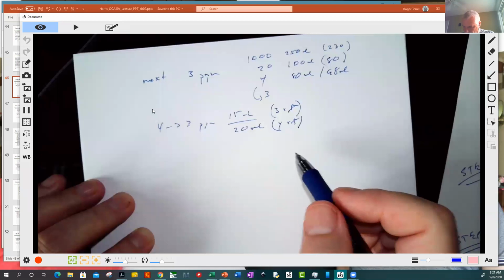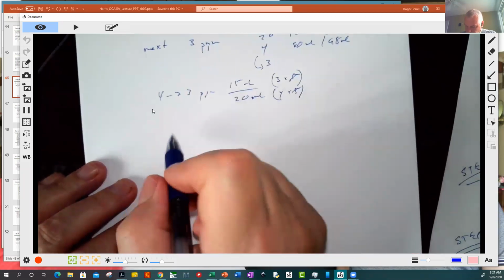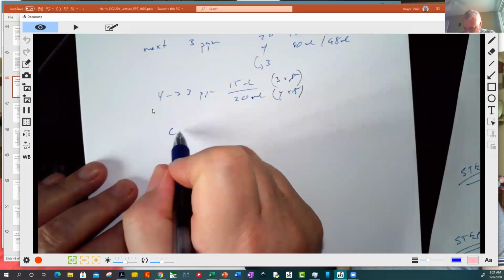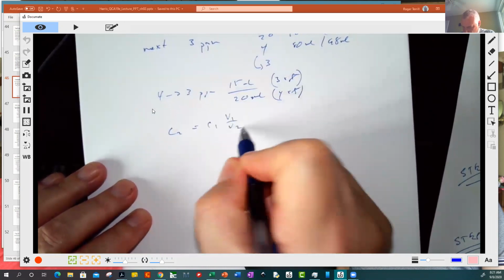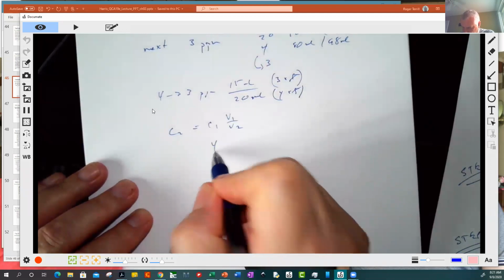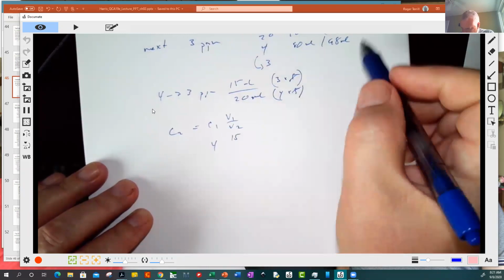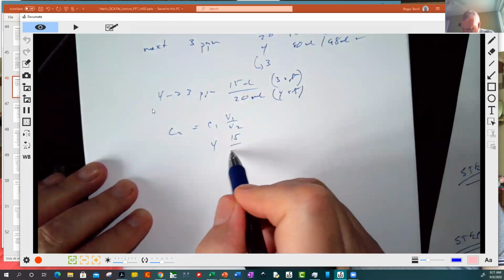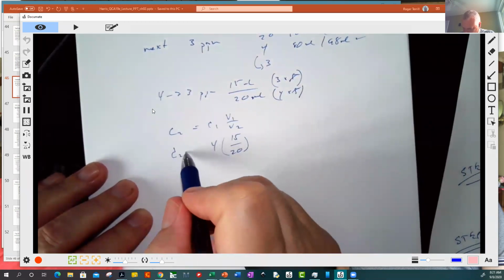This is a 3 to 4 ratio, right? So C2 here equals C1 times V1 over V2, and C1 is equal to 4, and V1 can be 15, because we have 80, and V2 can be 20, and C2 then will be equal to 3.